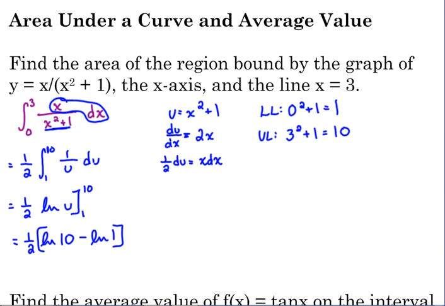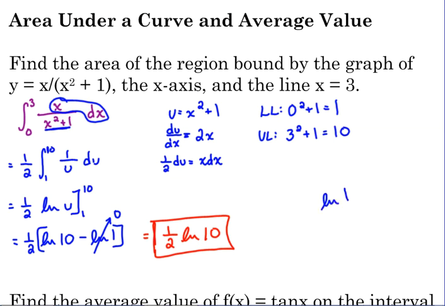Now, this is not calculator active, so we are forced to leave it in this form. However, you should know that the natural log of 1 is equal to 0. So the area under this curve is 1/2 times the natural log of 10. Any log of 1 is equal to 0, because remember what log form says.